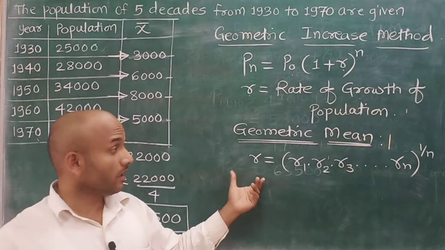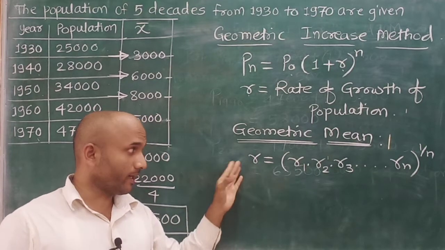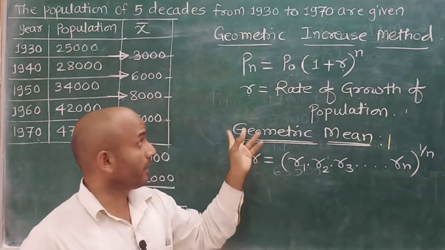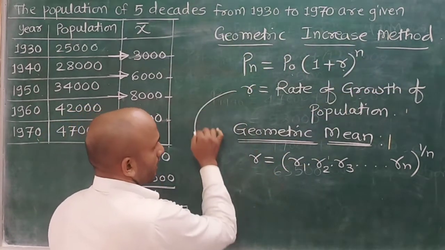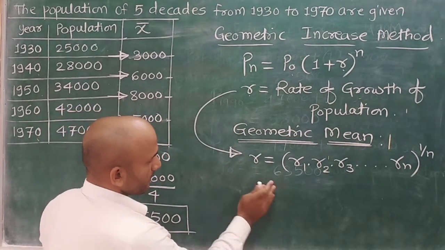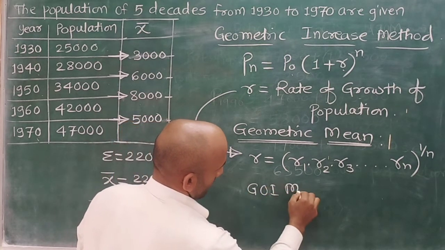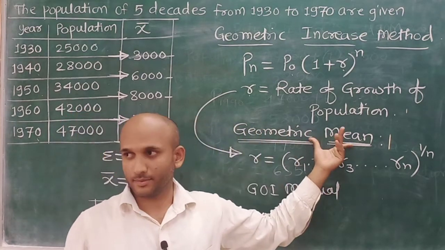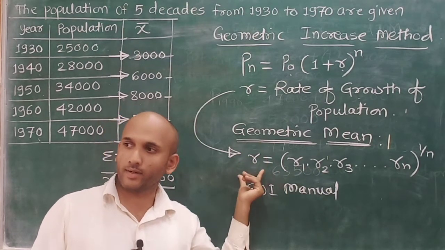That is the geometric mean formula to determine the value of r. In the geometric increase method, find the value of r only by geometric mean, because the Government of India manual mentions using the geometric mean formula to determine r.